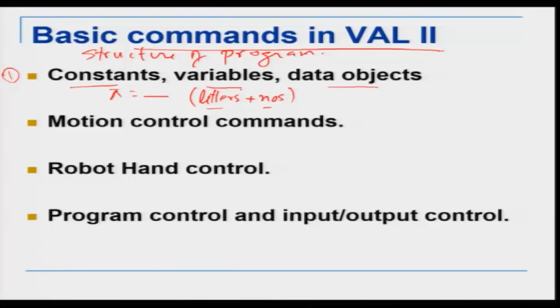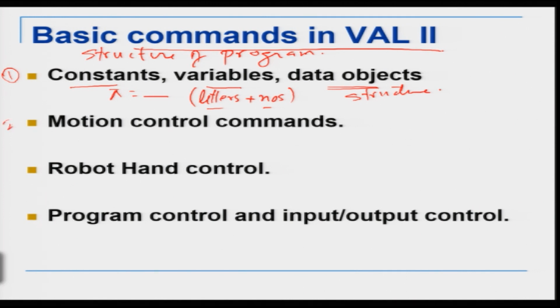That can be made up of a combination of letters and numbers, up to 8 characters. In robotics we have to move from point to point, which means these variables are essentially points in space. And then data objects, similar to your C language, where you can define a structure. So, these 3 are defined at the very beginning of a program.